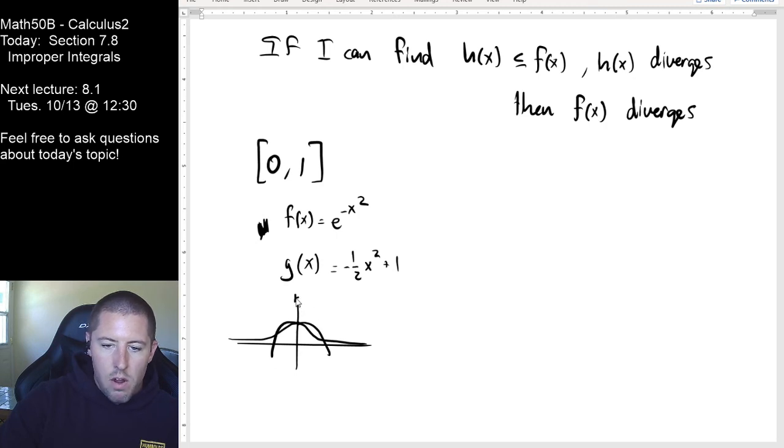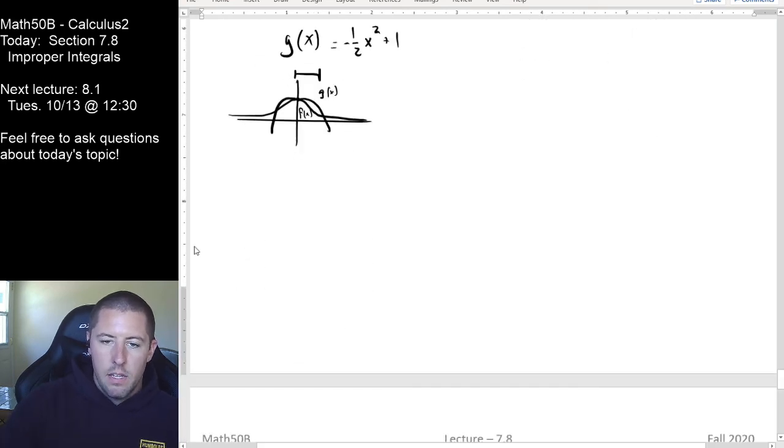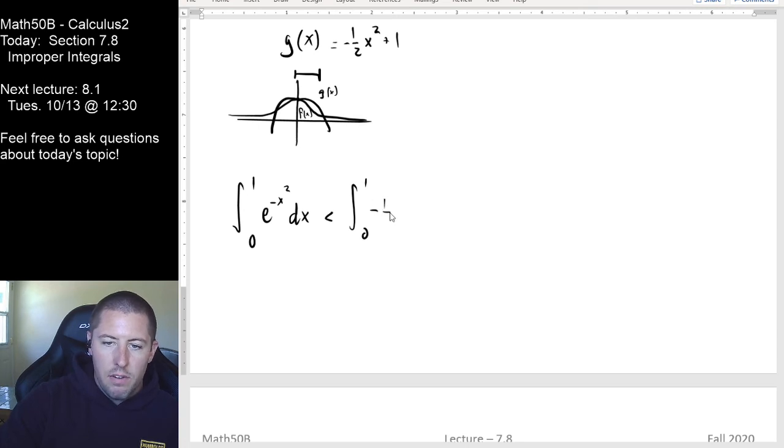So over our 0 to 1 interval, our g of x was above our f of x. So what I can say here is the integral from 0 to 1 of e to the negative x squared dx is less than the integral from 0 to 1 of negative 1/2 x squared plus 1 dx.